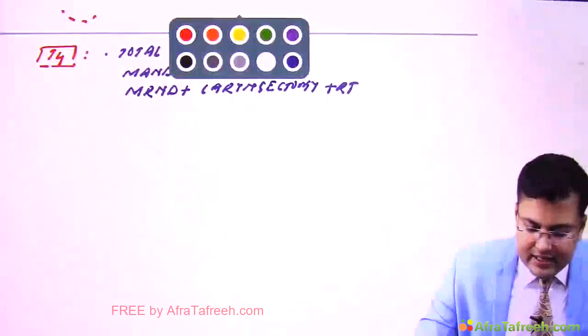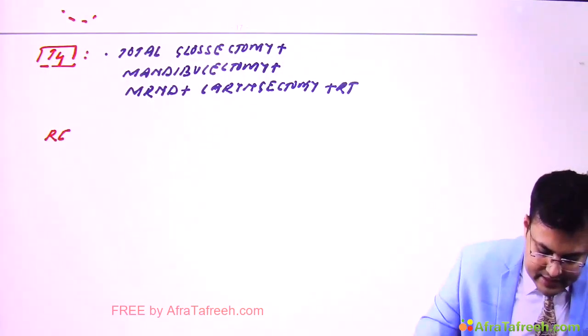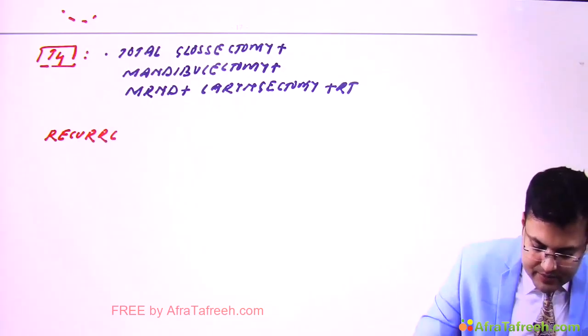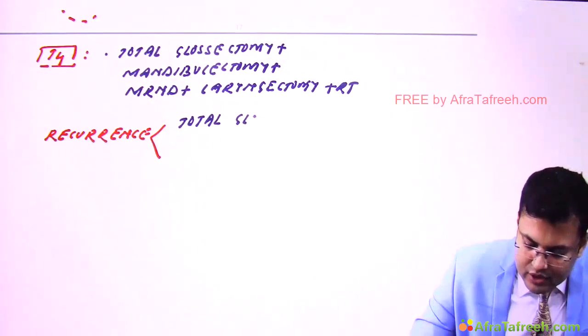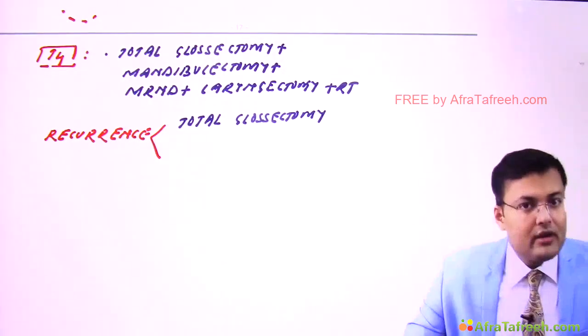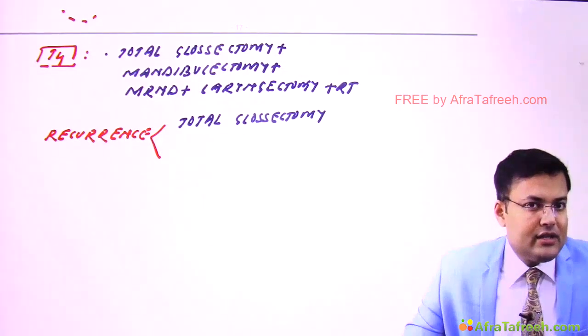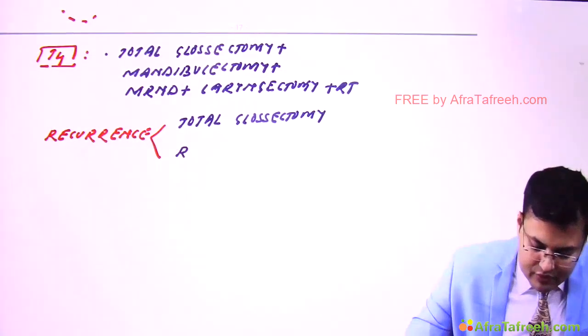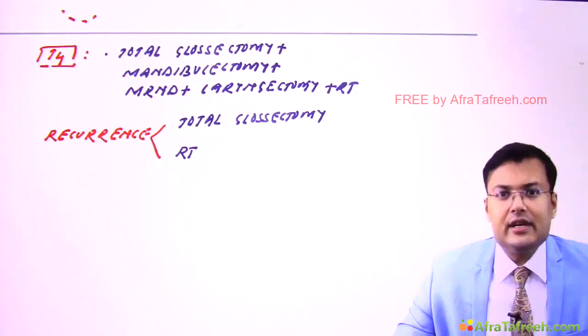So majority of recurrence are going to occur within 2 years. And if there is recurrence, we have two treatment options. What? First, we can go for total glossectomy. So if in the patient only partial glossectomy was done and radiotherapy was given, we can go for total glossectomy. And if only surgery was done, glossectomy, we can go for radiotherapy. So this is how we manage the patients of CA tongue.